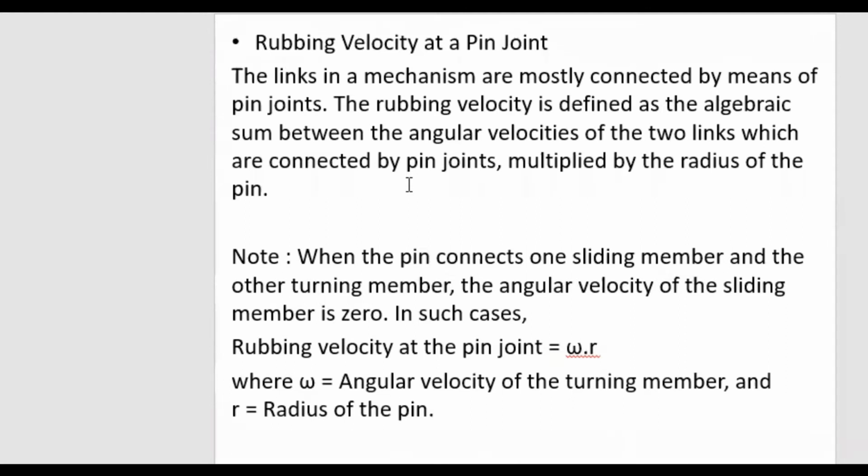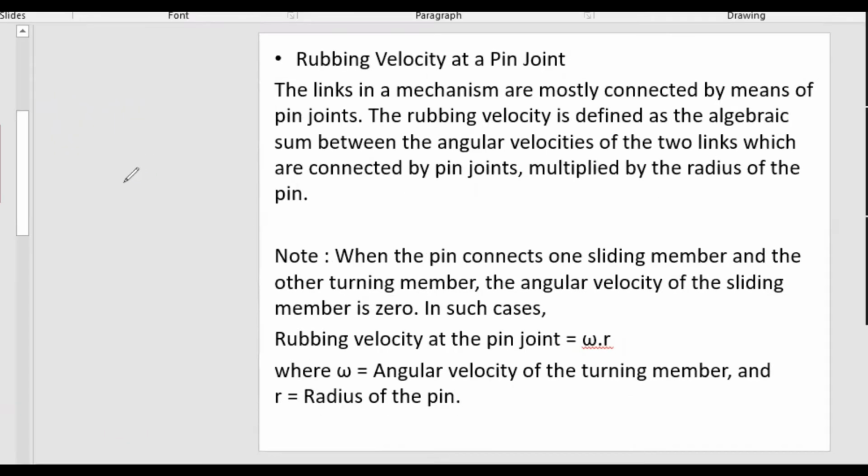When the pin connects one sliding member and another turning member, the angular velocity of the sliding member is 0. Say for example, I have two links, this is A and this is B, connected by a pin here.